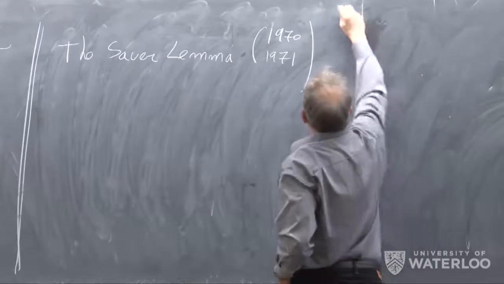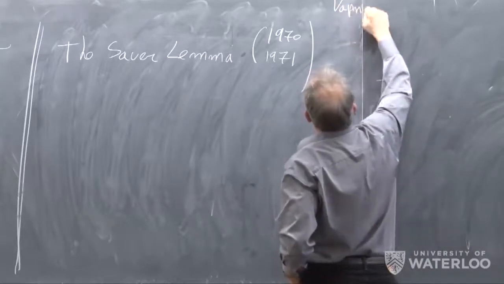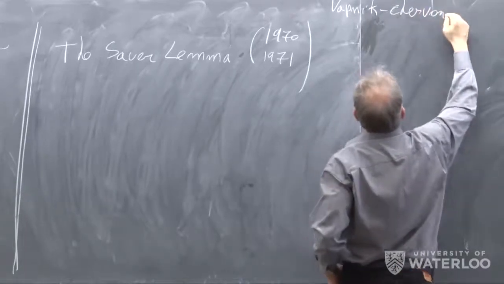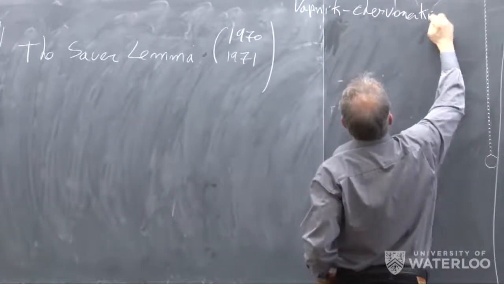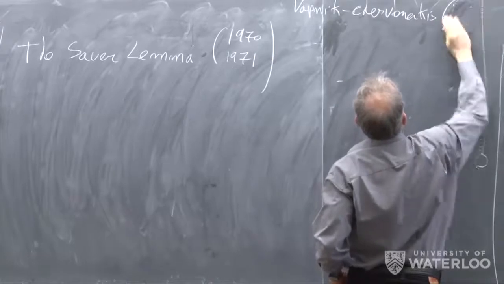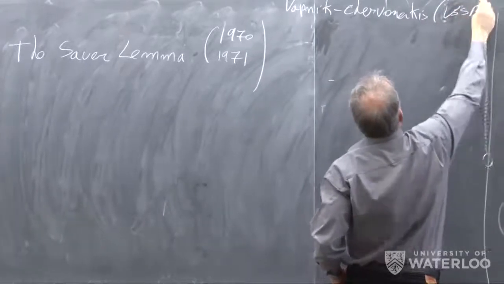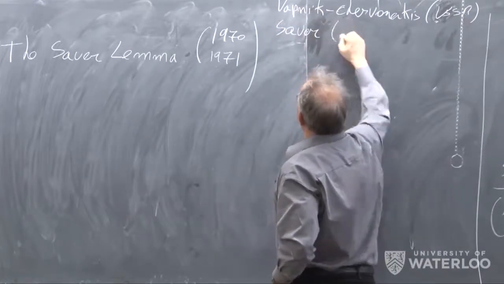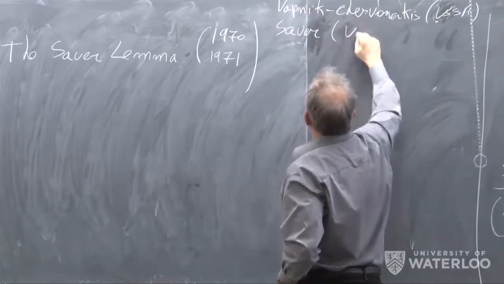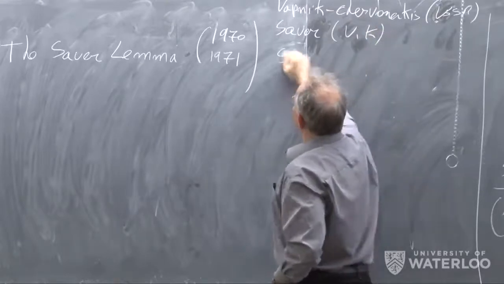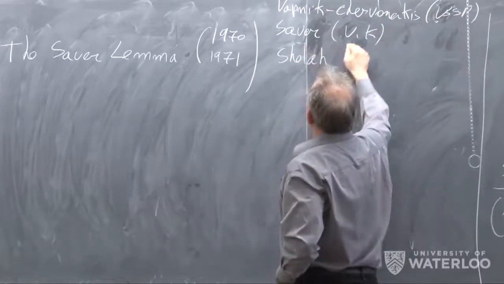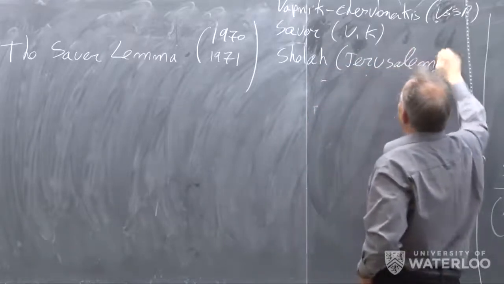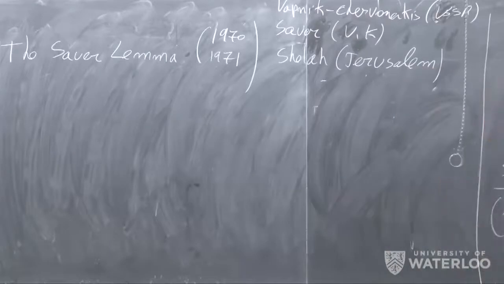It was discovered by Vapnik and Chervonenkis, the guys from Russia. It was then the USSR. It was discovered, of course, by Sauer, and I think he was in the UK. It was discovered by Shelach at the Hebrew University in Jerusalem. Later he was my supervisor for my PhD.